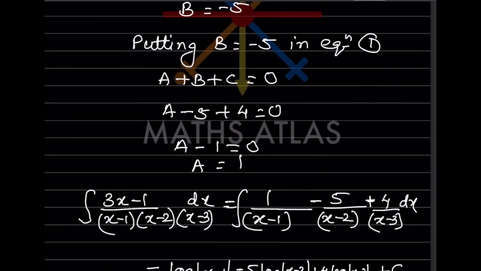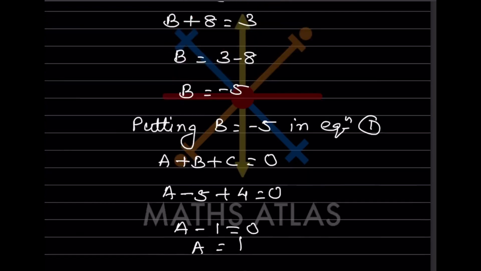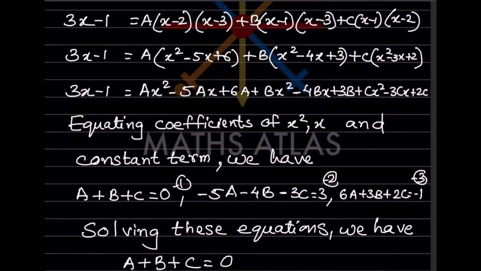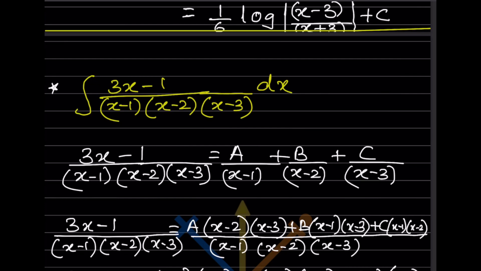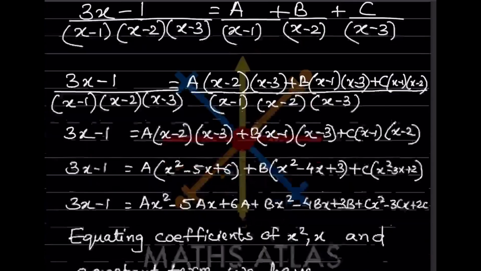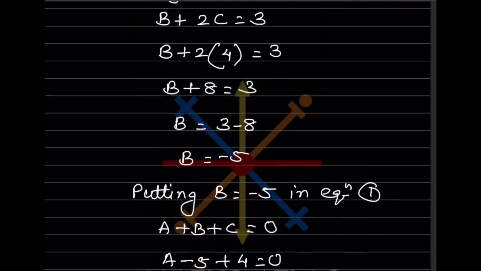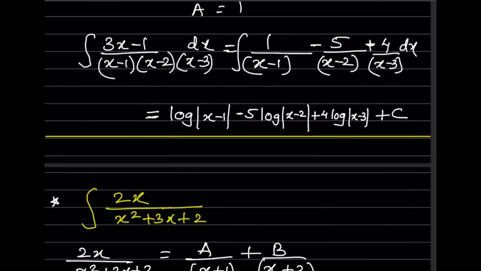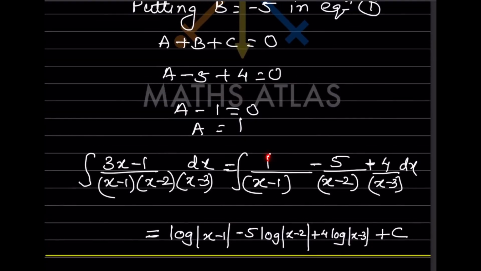So now we are going to show the integral sign. This is the start. So we'll write here 1 divided by x minus 1, minus 5 divided by x minus 2, plus 4 divided by x minus 3, dx.